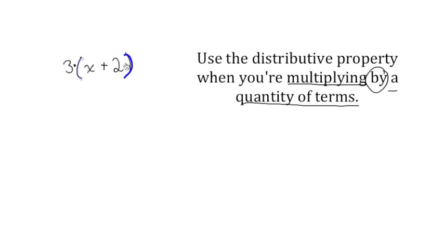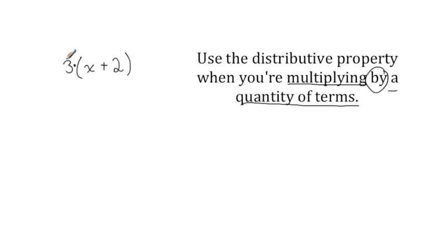So since we have that plus sign in there, we have things being added, we are multiplying by a quantity of terms, therefore we can apply the distributive property. And here's how the distributive property works. When you use the distributive property, you multiply the number or expression out here by every term inside the parentheses.